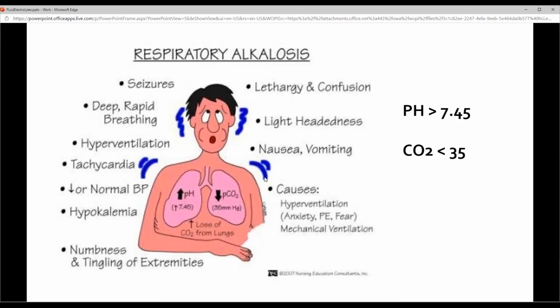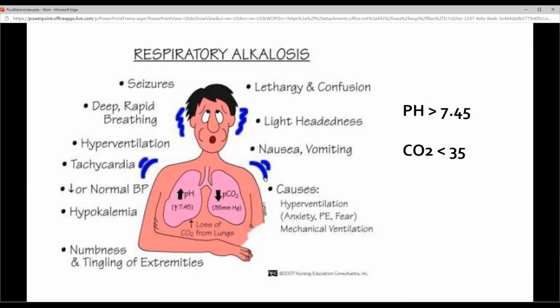One thing those people commonly complain of is numbness and tingling in their hands and feet after they've been hyperventilating. Those are signs and symptoms of respiratory alkalosis, okay? Numbness and tingling in the extremities, right?